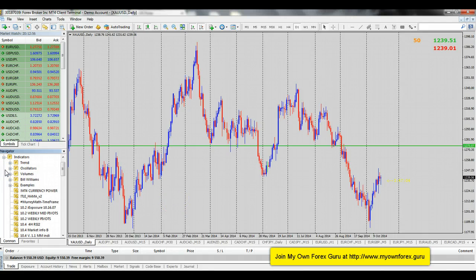So one of the indicators, there are a couple that you can use with Fibonacci, which you should use with Fibonacci, is RSI, and you can use, let's see, what else can we use? You can use MACD, and you can also use the money flow index, MFI.